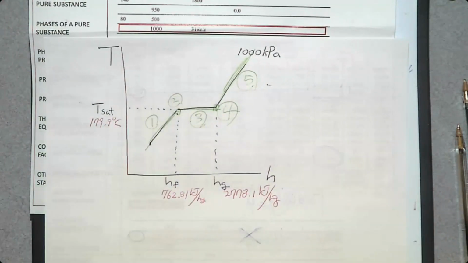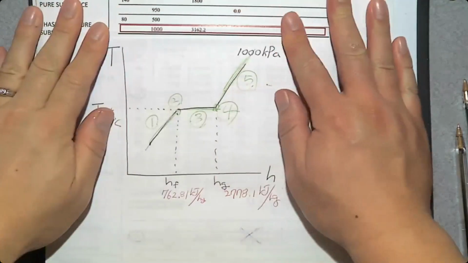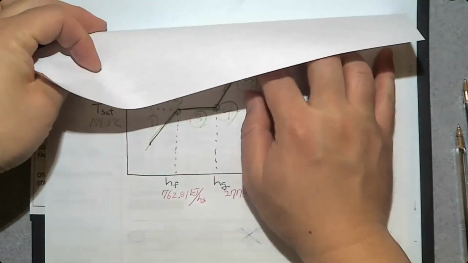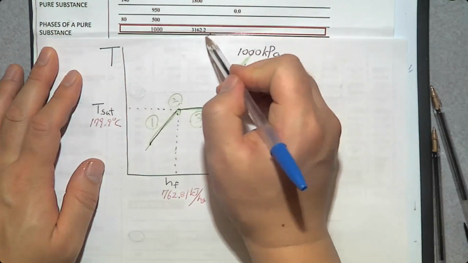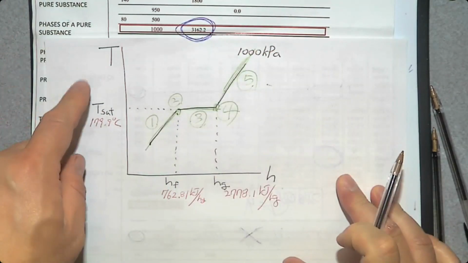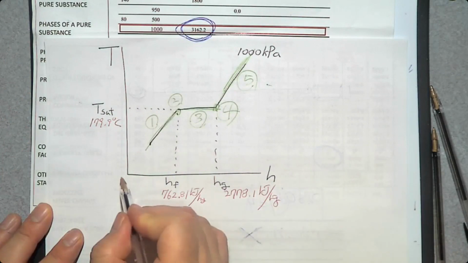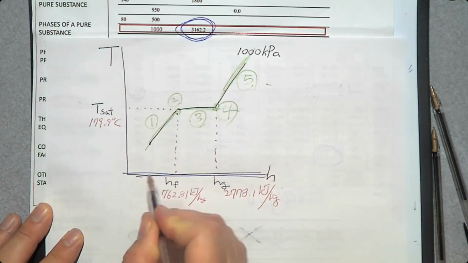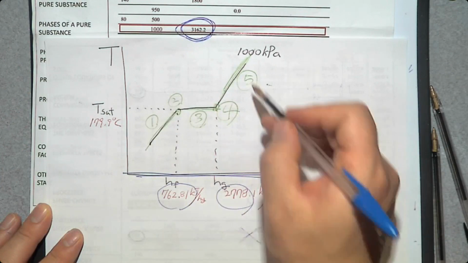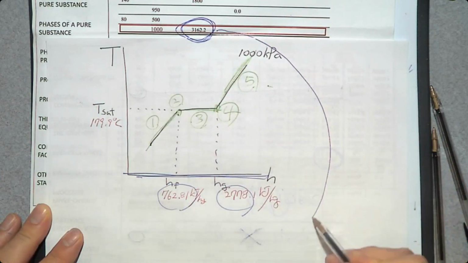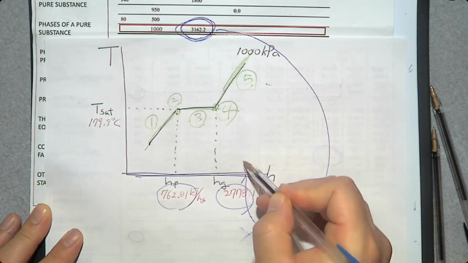So that H value, 3000. So this is H. So where is H on this TH diagram? This horizontal axis. So where is 3000? Greater than this number. Greater than this number. So this number is pretty high on the right-hand side, somewhere here.